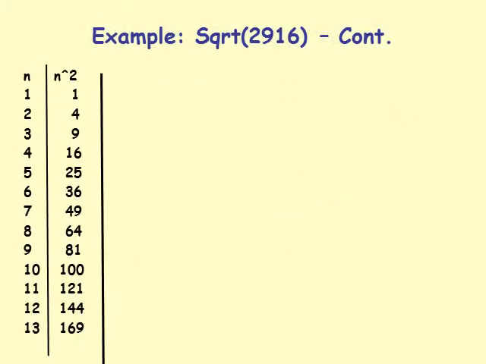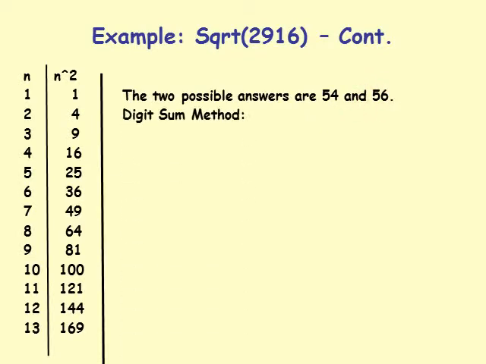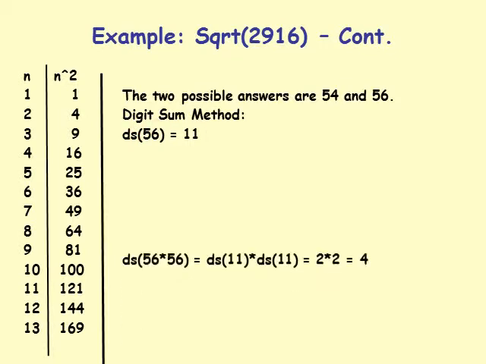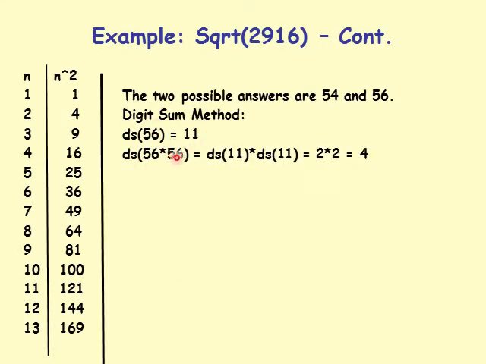Let's continue here. This is my cheat sheet again. The two possible values are either 54 or 56. Digit sum method: let's say 56 is what we're trying. My first choice is 56, whose digit sum is 11. The digit sum of 56 squared is the digit sum of 11 times the digit sum of 11, which is 4.